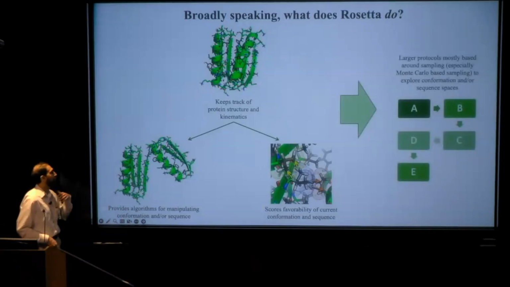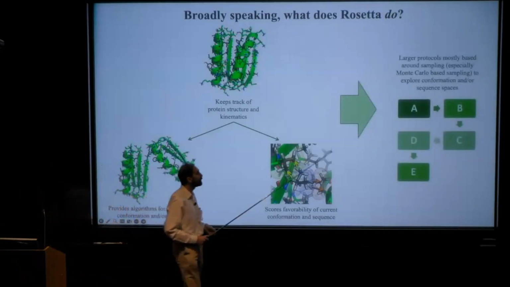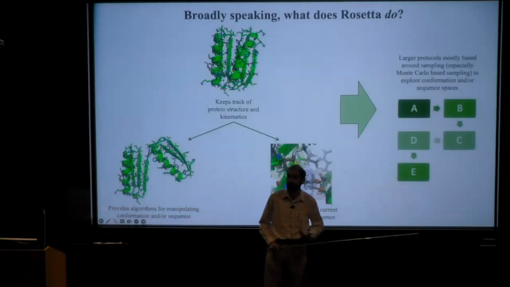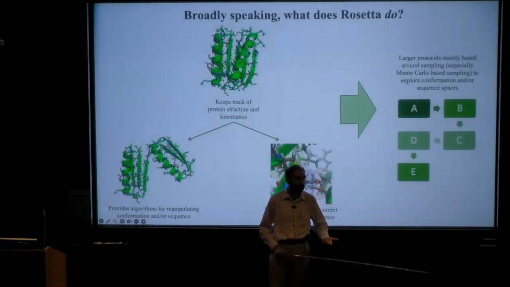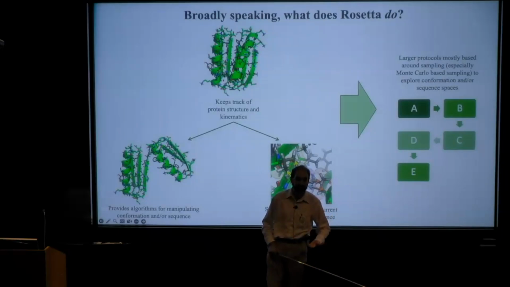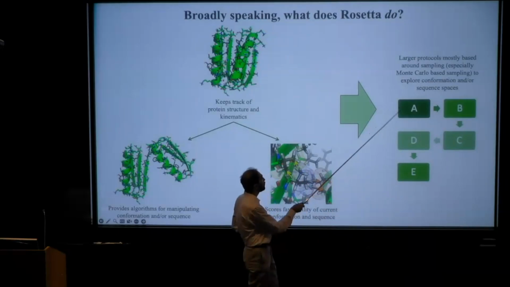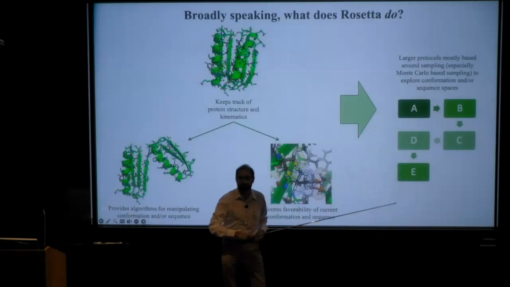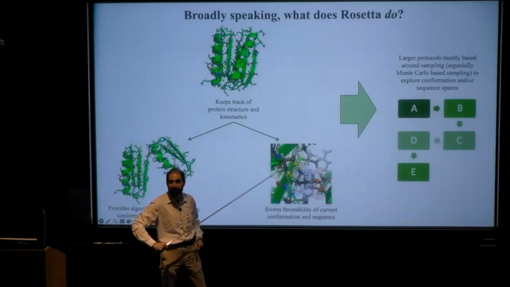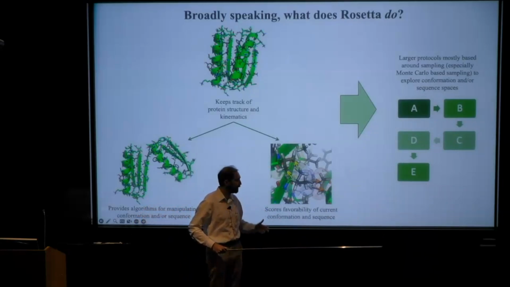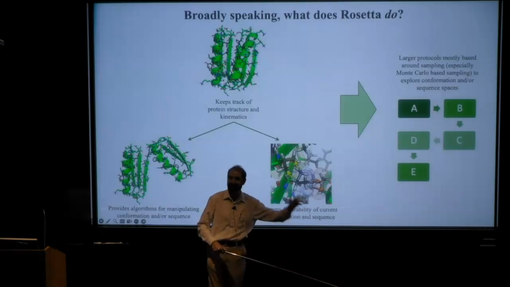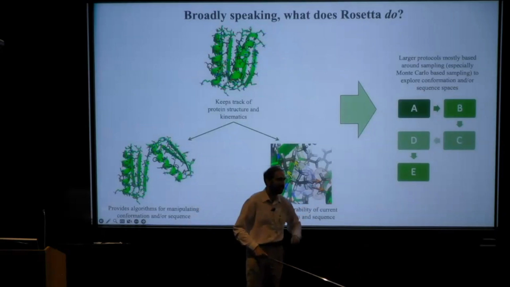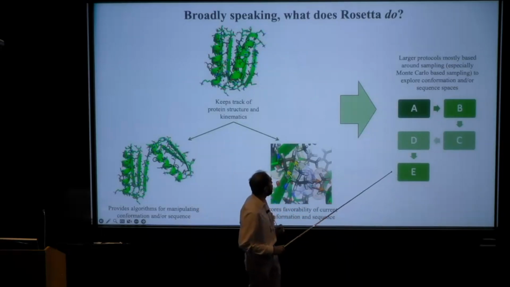And then built on top of all of that are more complicated protocols for doing particular things you might want to do. Docking molecules together to predict docked conformations, designing sequences to achieve some sort of function, predicting structures. And these string together all sorts of different modules that are doing these more atomistic things. In a sense, I mean atomistic not in the chemical sense, but in the procedural sense.